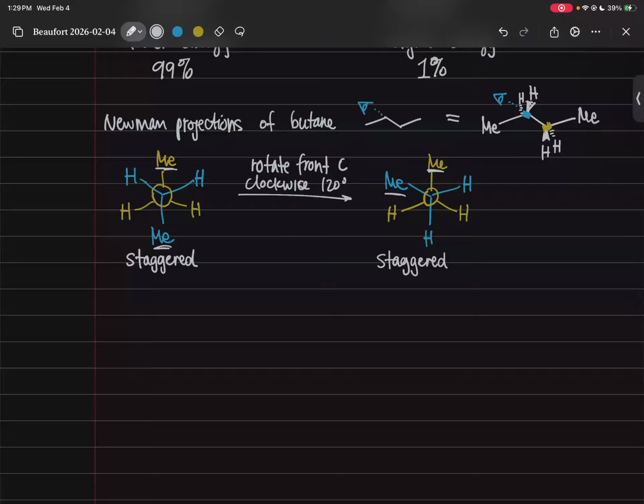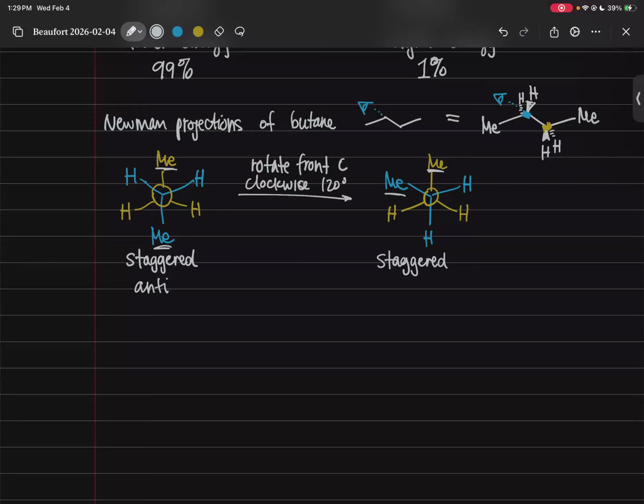Okay, so when they are far apart, we call that anti-configuration of methyl groups or ethyl groups or whatever things, just things other than hydrogen.